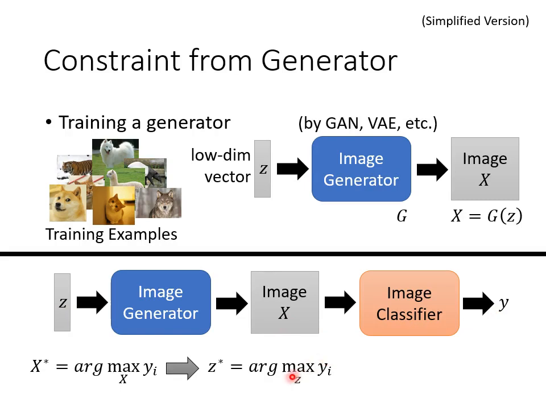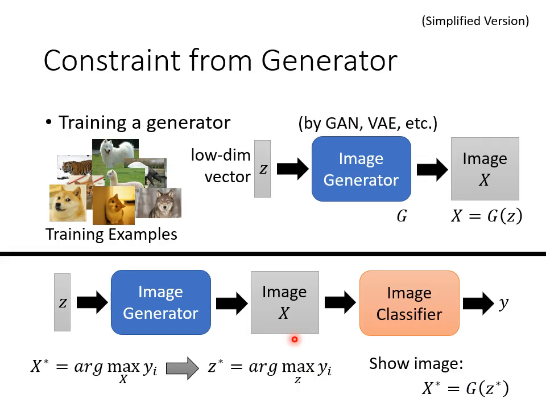We are looking for a Z to produce X, and to generate Y. We expect the bigger the Y is, the better the results will be. Then, this Z, which can make Y the bigger, the better, is called Z star. After finding out this Z star, we throw this Z star into G, which is the generator, to see what the image X star it generates looks like.